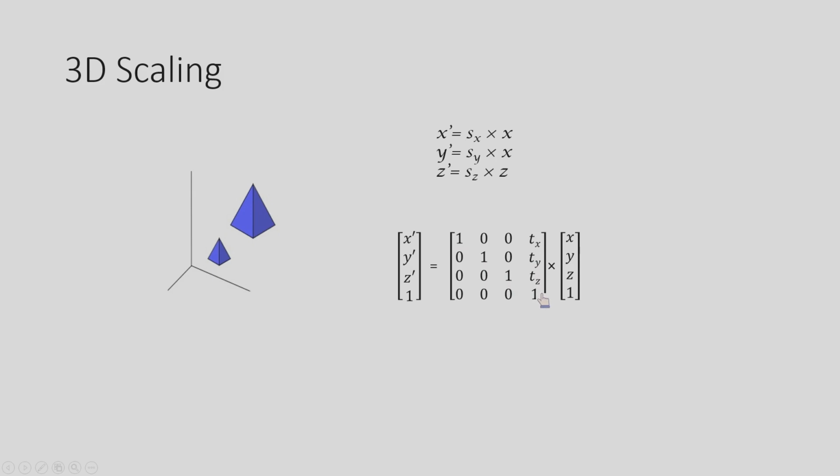These values will be 0 and this will be 1. So the homogenized matrix for scaling in 3 dimensions will be like this. So please make this amendment before trying.